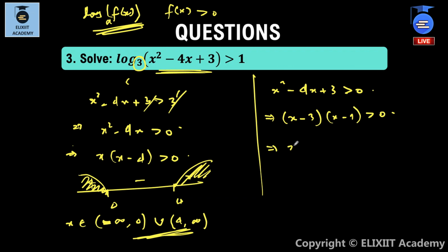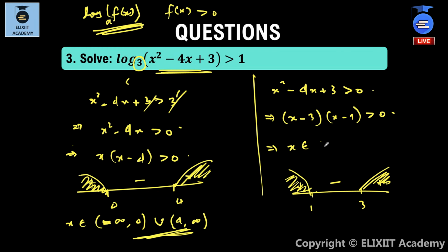Once again, wavy curve method: 1 and 3. More than 3, in between 1 to 3, and less than 1. This is positive, negative, positive. So we need the region where this is positive, this region and this region.